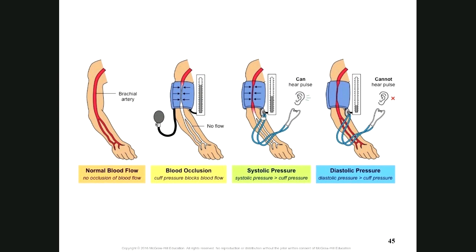The first sound which we hear is called the systolic blood pressure, and we should check the number on our gauge. And this sound continues, dop, dop, dop, dop, and when this sound disappears, we can see the number on this gauge, and it shows us the diastolic blood pressure.